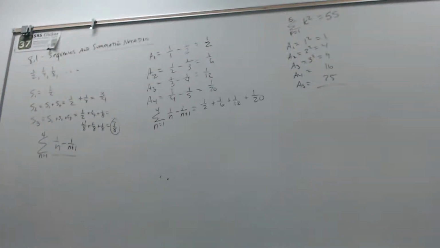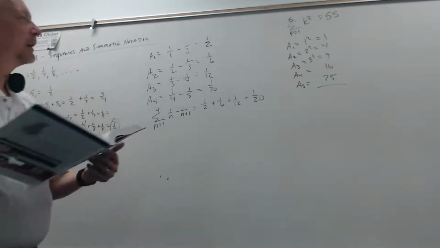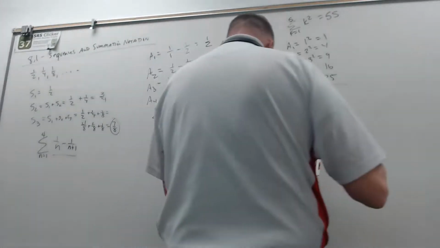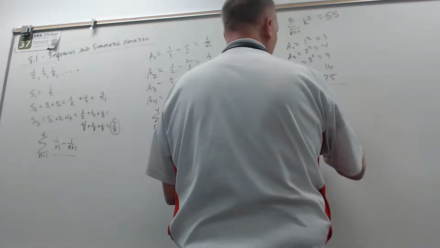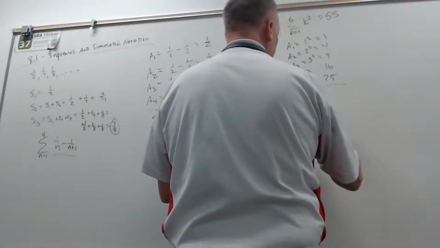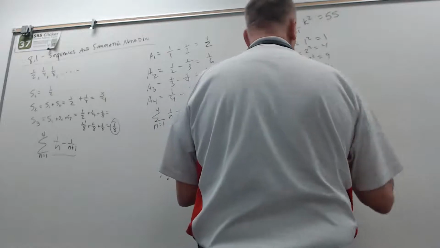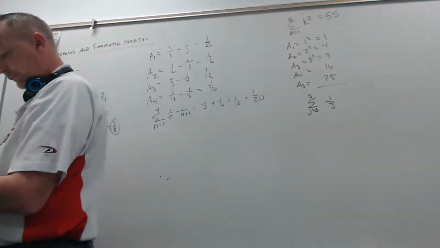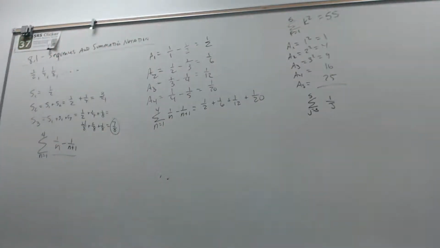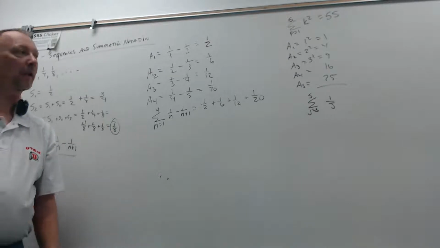That make sense? Okay. What if I said, I want the sum from j equals 3 to 5 of 1 over j. How would you do that one, Kelly?